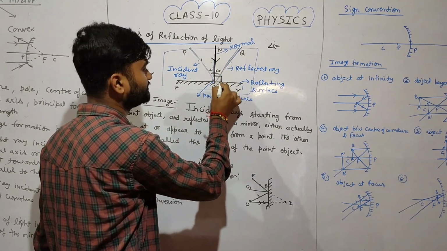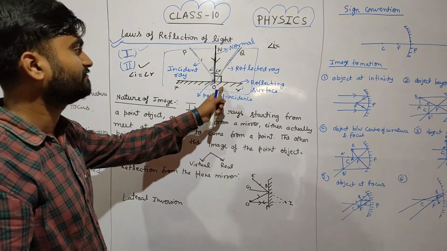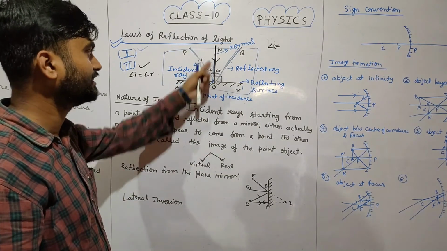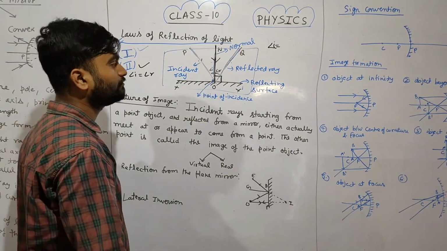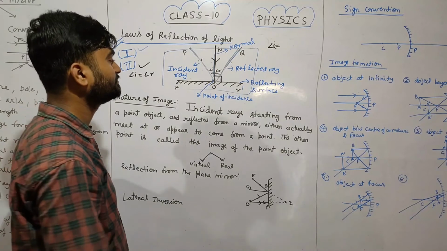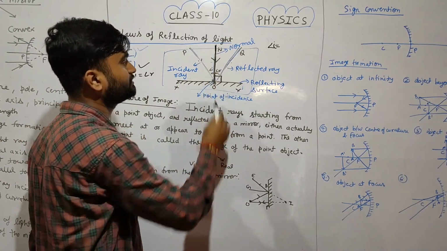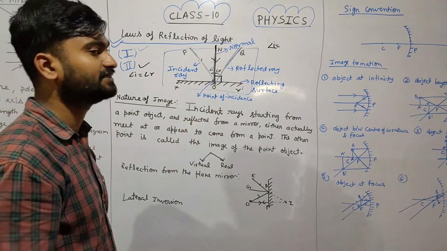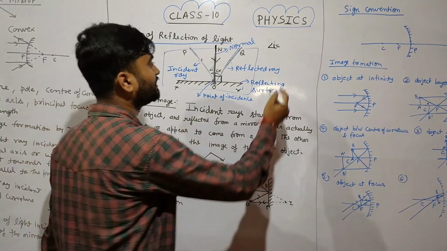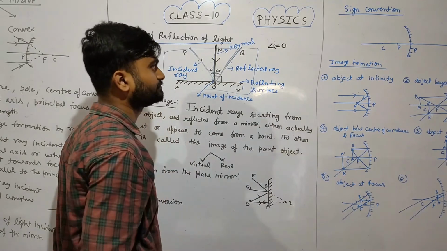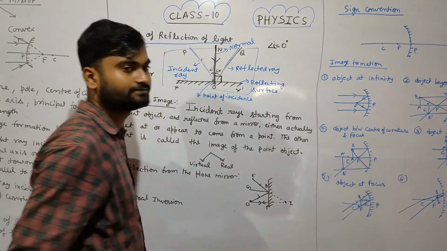Since the incident ray and the normal coincide, angle I is 0 degrees.